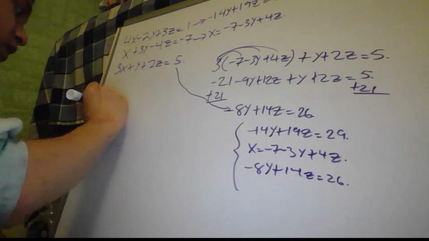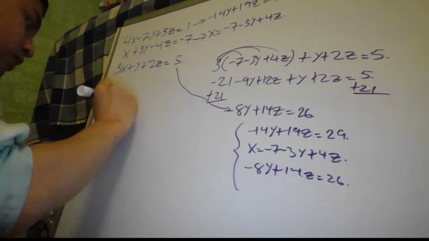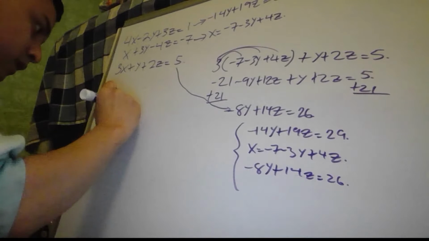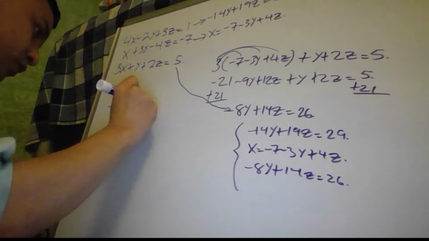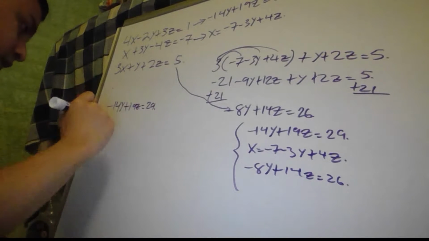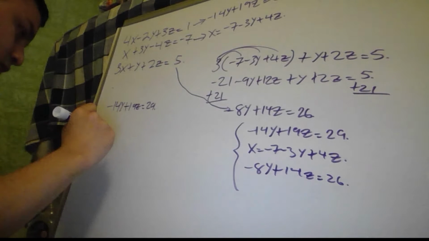You do negative 14y plus 19z equals 29. Let's solve for y or z.